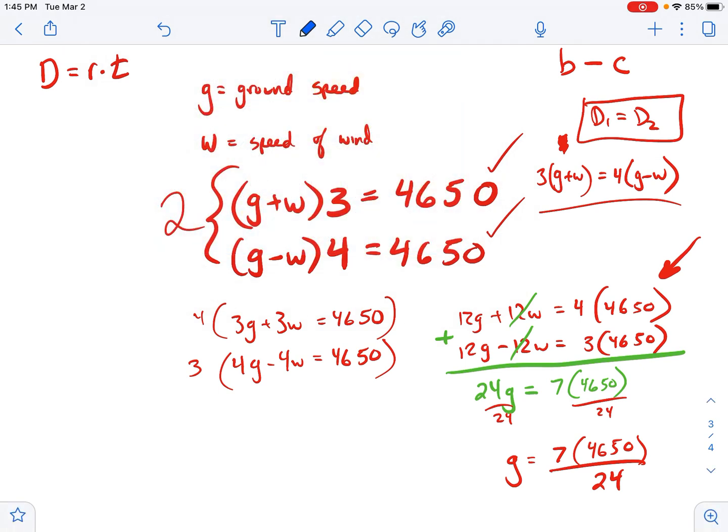I'm going to divide 4,650 by 4. The ground speed is 1,356.25.